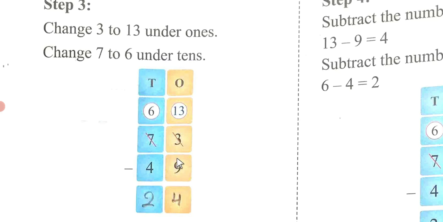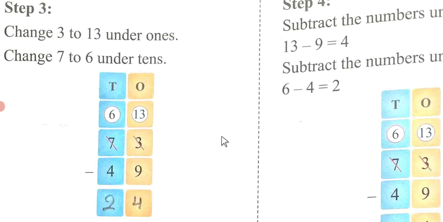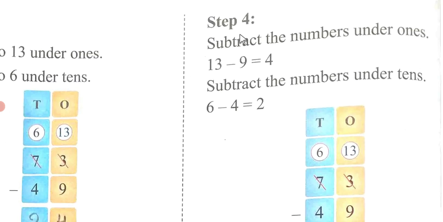So if it were 1 or 2, you could do the subtraction, but it is 9, it is greater than 3. So you cannot subtract 9 from 3. So it has taken borrow 1, carry 1 to 3, it becomes 13. 13 minus 9 is 4 and 6 minus 4 is 2. See here. Step 4.